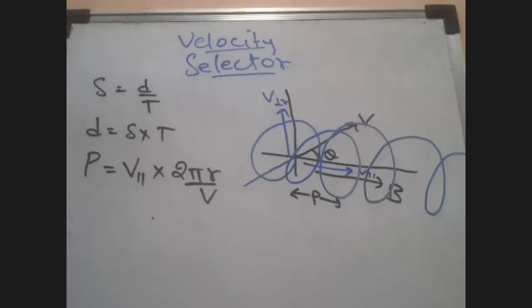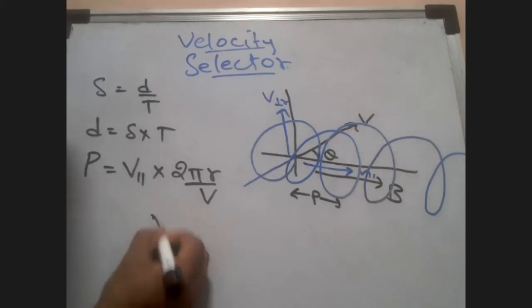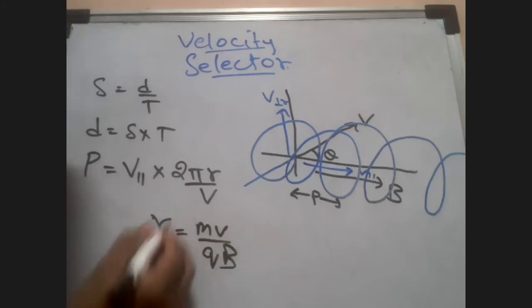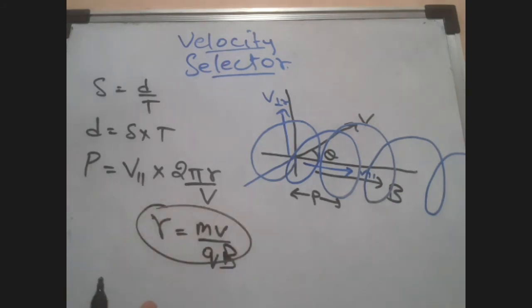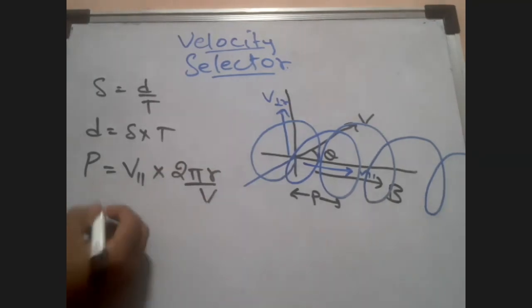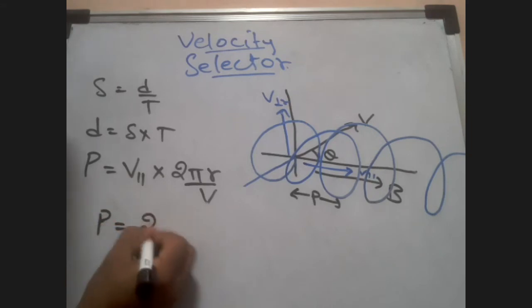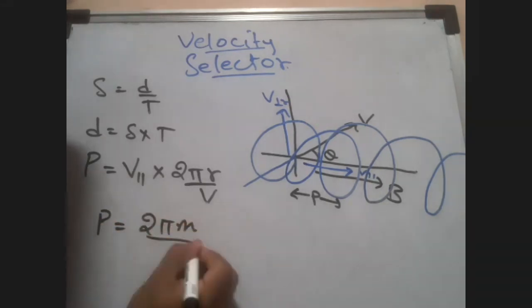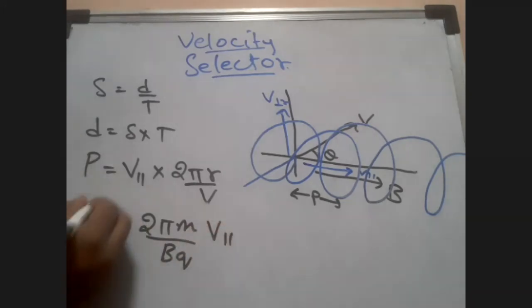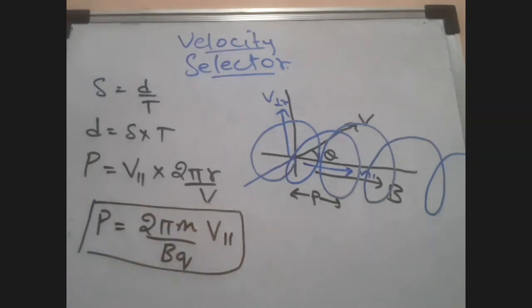R is equal to mV upon QB, students. Try to derive this formula. It was a very easy derivation I gave. Substitute that value, and then you will get pitch in the form of what? P is equal to 2 pi m upon BQ into V parallel. So you know the formula for pitch now. How to derive it, you know, in case you forget it.